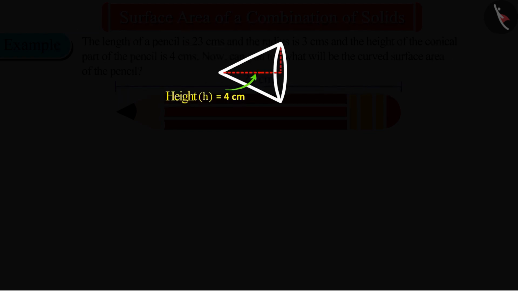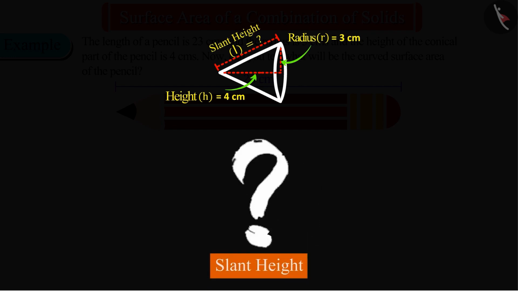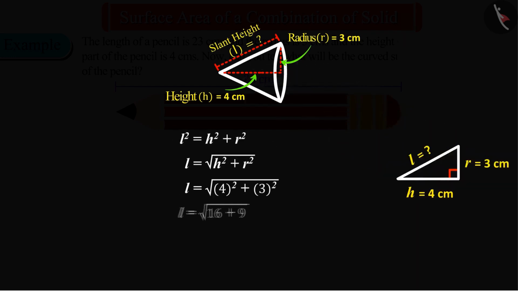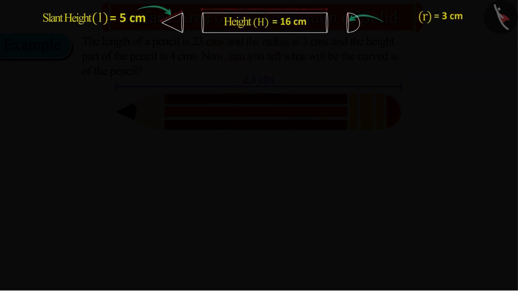We know the height and the radius of the cone, but for the surface area, we need to find the slant height l of the cone. So, can you tell what will be the slant height of the cone? We can find the slant height of the cone with this formula, which we get as 5 centimeters.